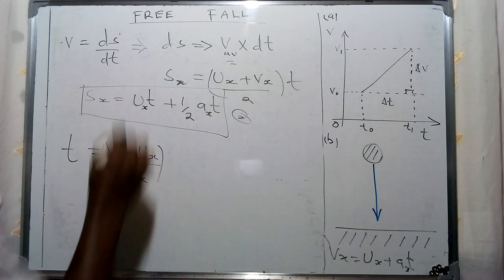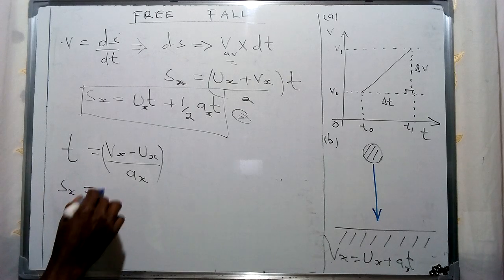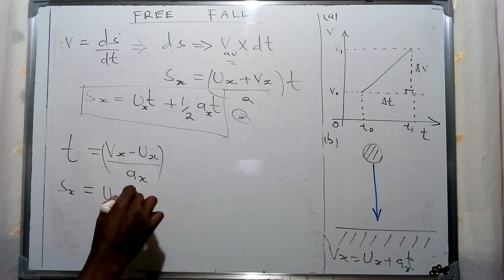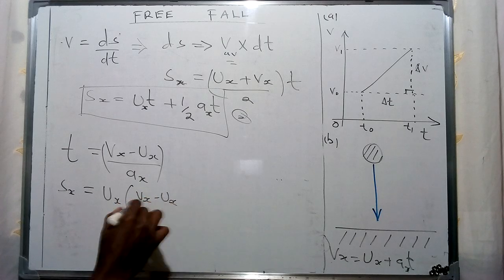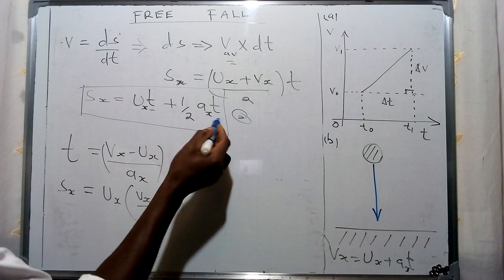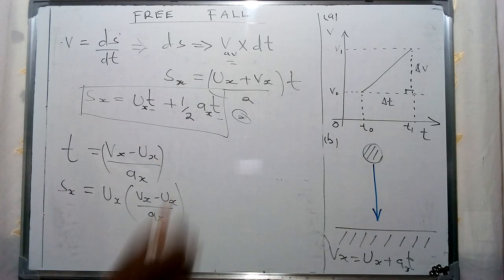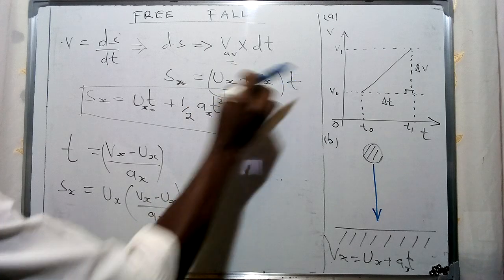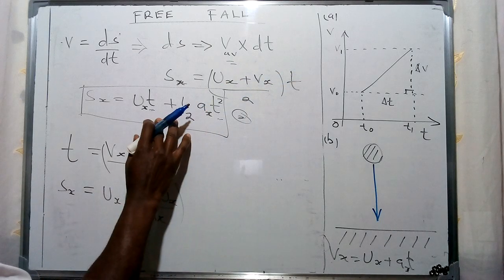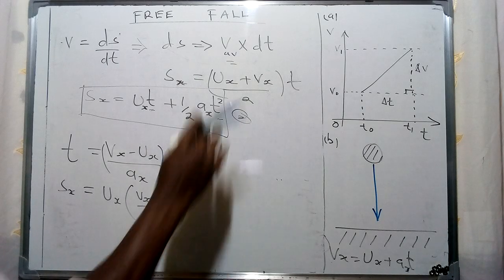So in this case, we can have t as the subject, t equals Vx minus Ux all over Ax. This is going to form a substitution for t in the first and second equations respectively. So this is an evaluation which gives us t, the square of t.